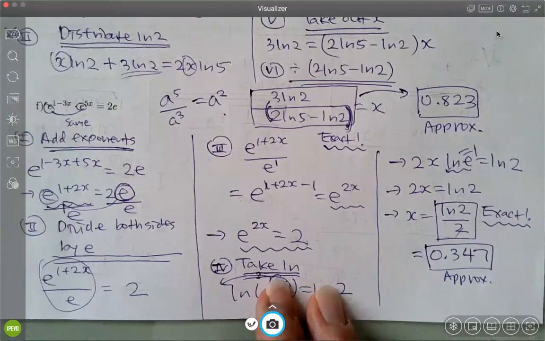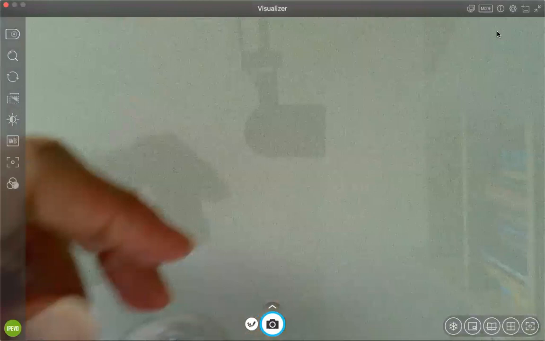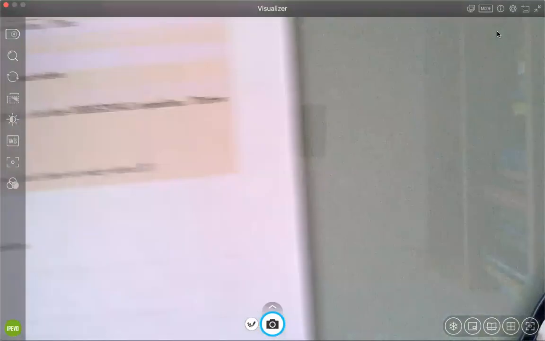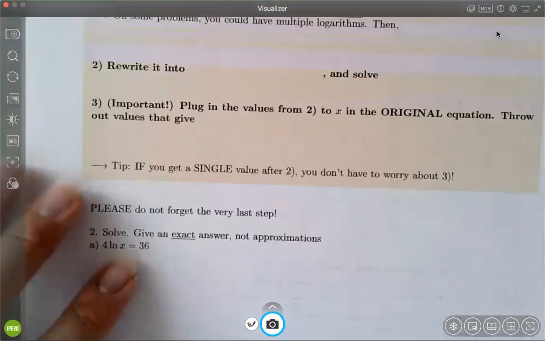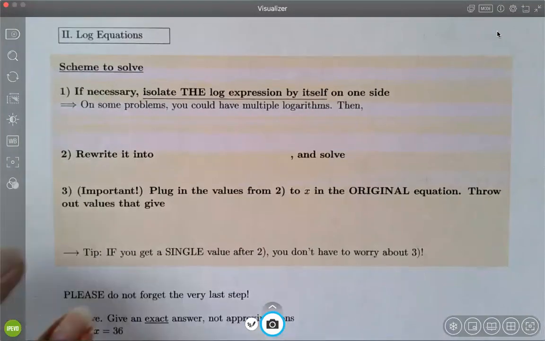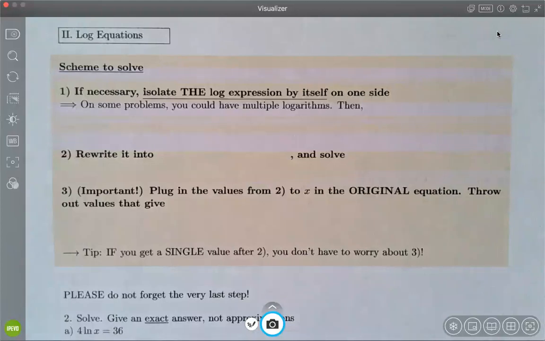Okay, so now let's look at the log equations. As I said earlier, when we solve exponential equations, we use the log. So to solve log equations, we will use exponential form.